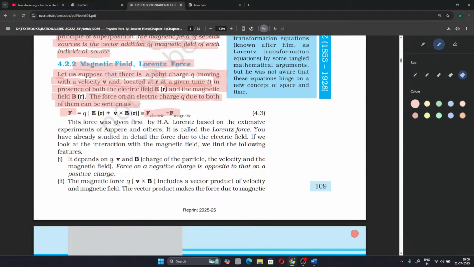Basically, if at a point in space there is both an electric field and a magnetic field, the total force on the electric charge due to both of them can be written as the addition of the electric force and the magnetic force.